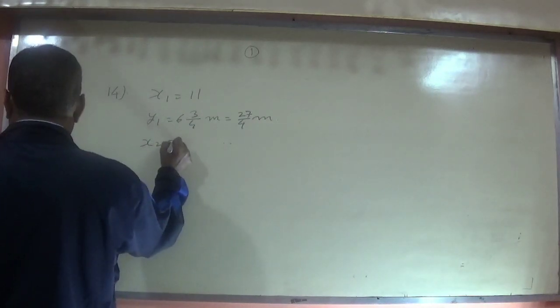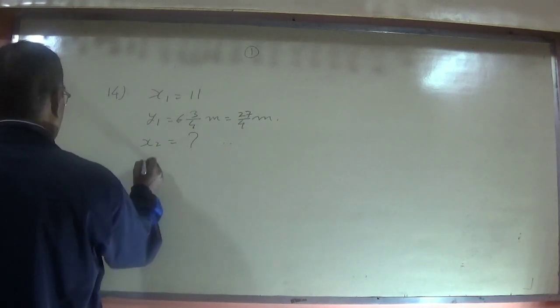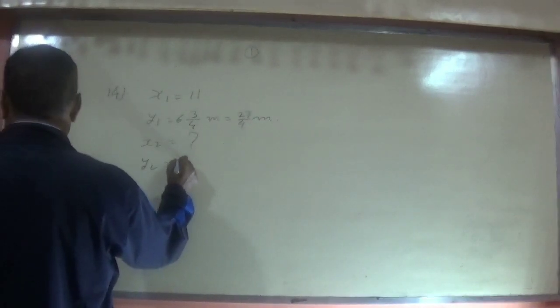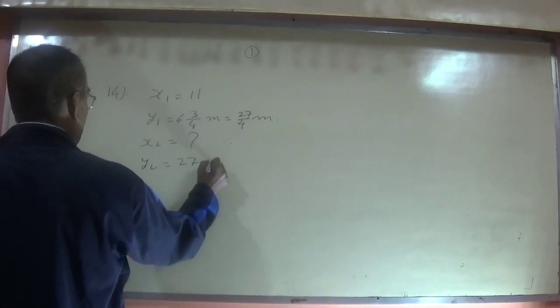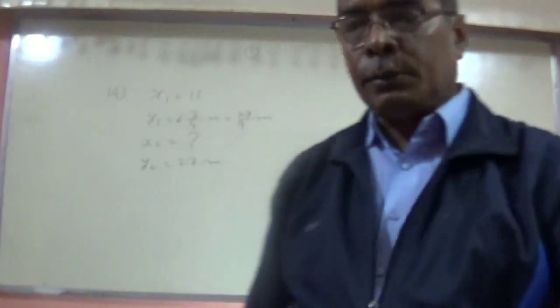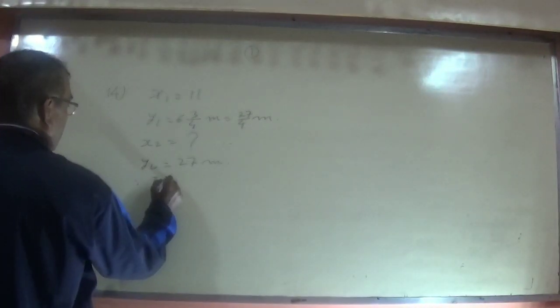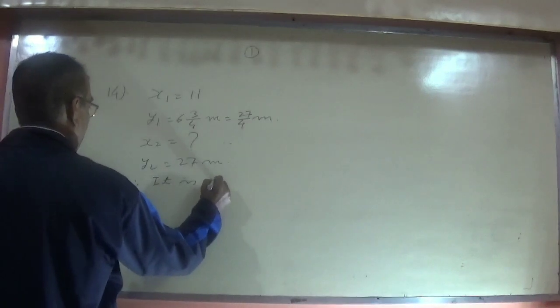And x2, how many men will be required, I don't know. When the length of the trench is 27 meter, how many men will be required, that you have to find.